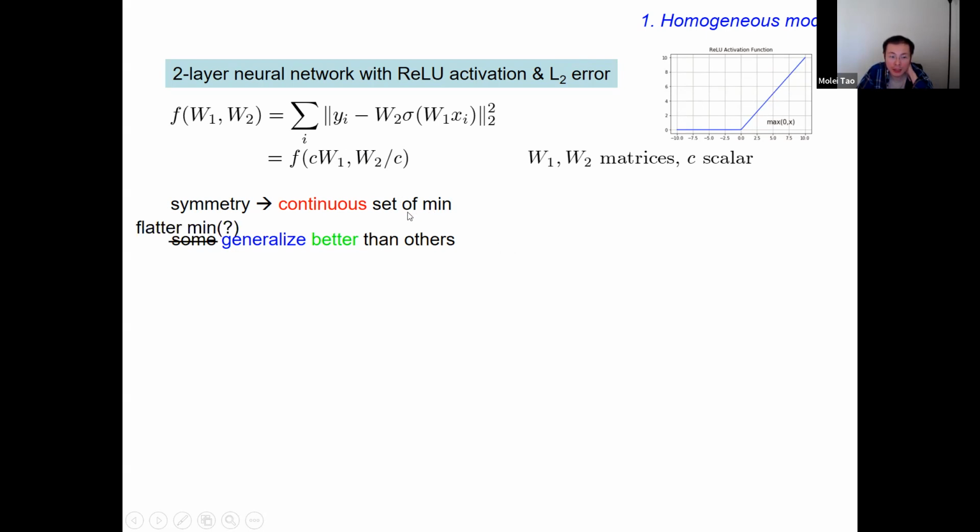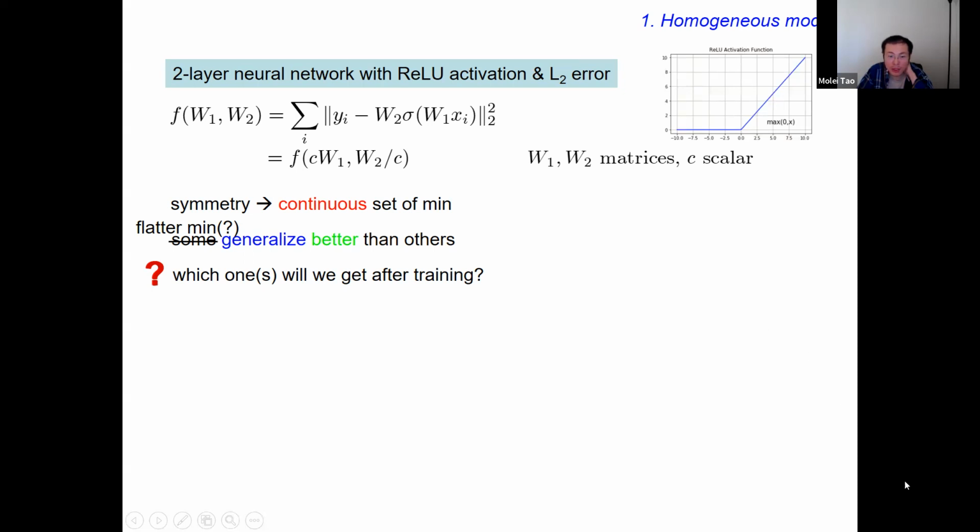And like I said, let's assume that maybe the flatter minimizers generalize well. And the question is, what will we get after training? If we train by optimizing this function using gradient descent, will we actually get those flatter minimizers?